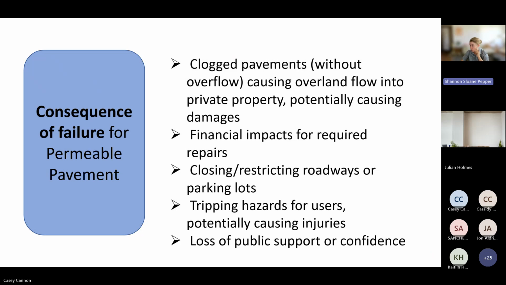Could be causing a tripping hazard for pedestrians and other users. And it could also result in a loss of public support or confidence in your ability to manage those assets. So it's really important to consider what consequence of failure might look like for each of those green assets. And this is just a list to get you started thinking about that. Next slide.